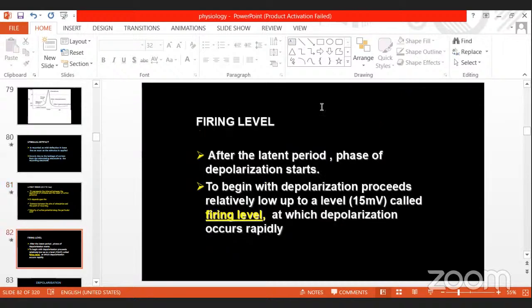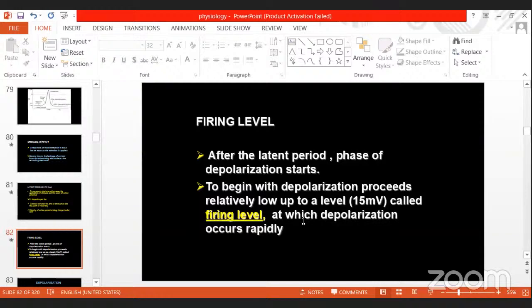Firing level: the depolarization proceeds up to a level of 15 millivolt, known as the firing level. From there, more sodium channels open, so there is a sharp peak.